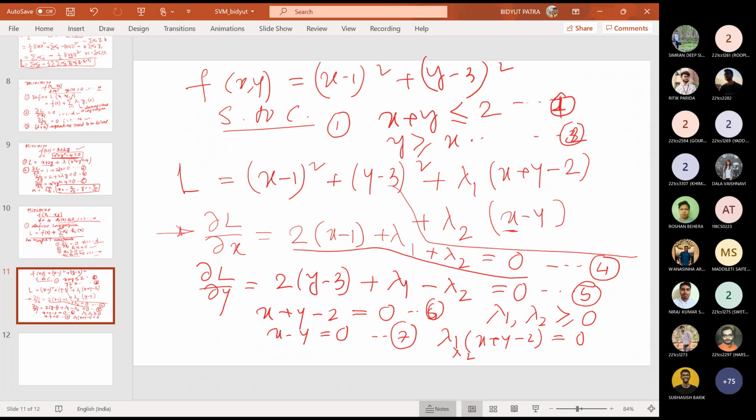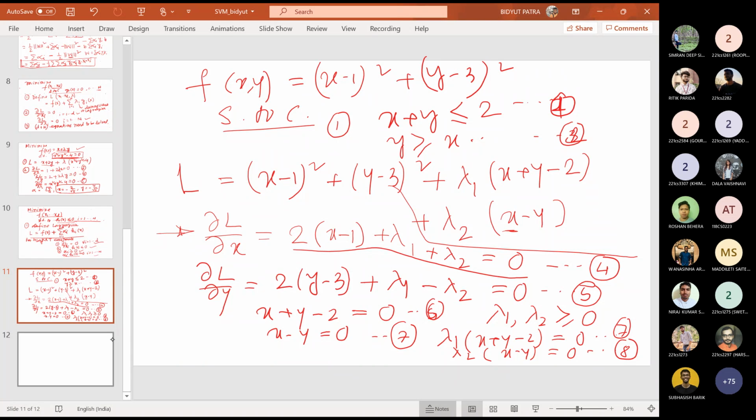Similarly, lambda 2 into (x minus y) should be 0. So this is 7 and 8. Now if you solve these equations, you will get the values of x and y, and this problem will be solved. Why am I saying so many things? Because our problem is exactly the same as this one.